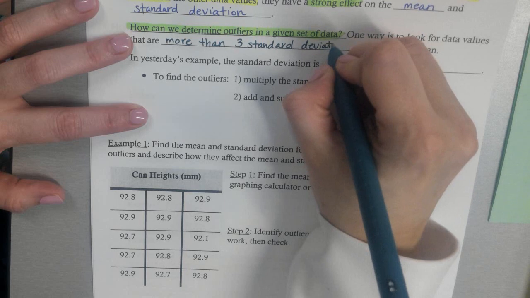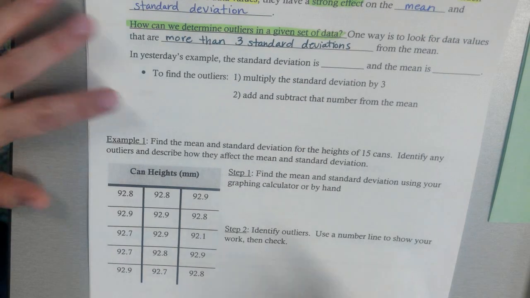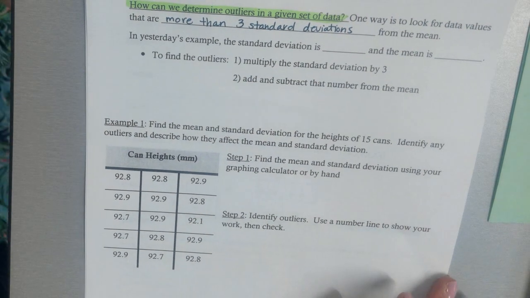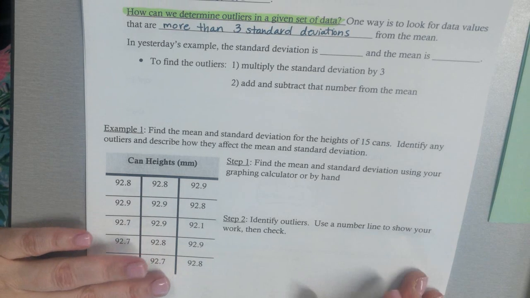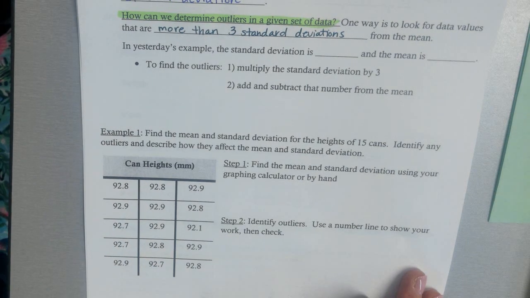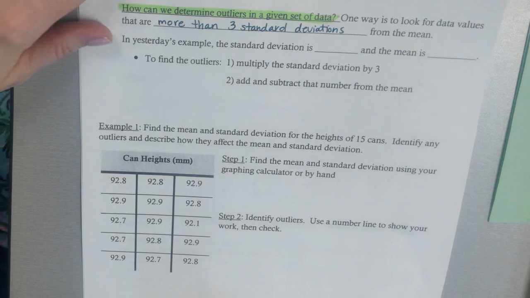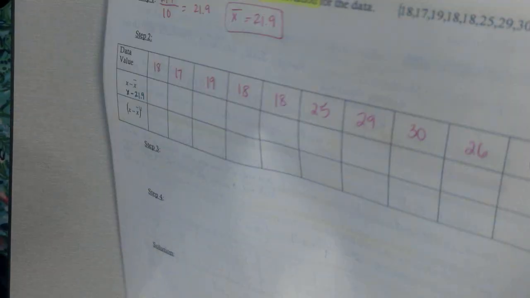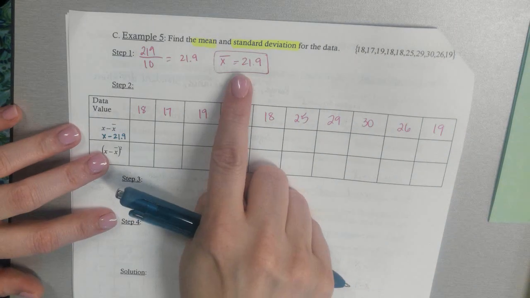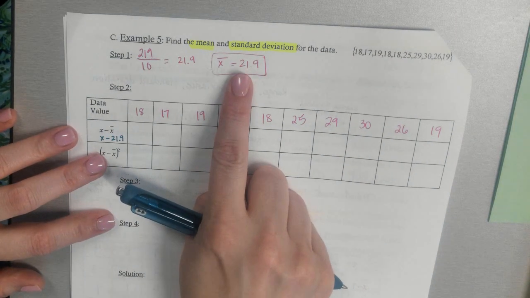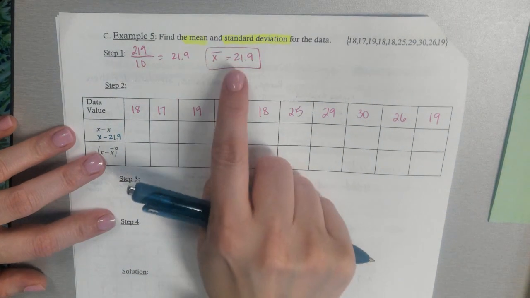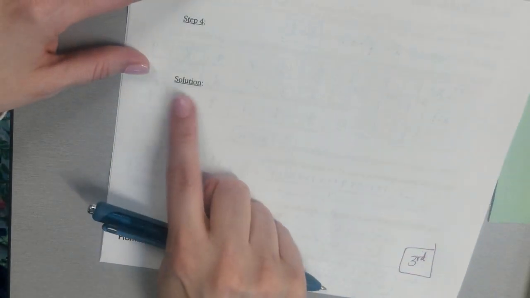Okay, so to determine the outliers in a given set of data, we're looking for data values that are more than 3 standard deviations from the mean. So in yesterday's example, if we go back, remember you found your mean and your standard deviation. You wrote that down in your solution here, right?